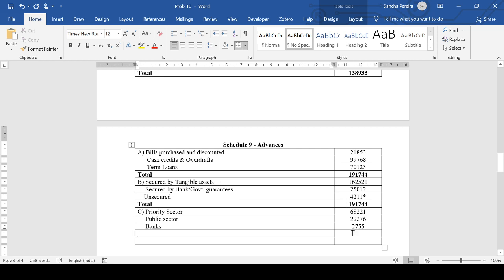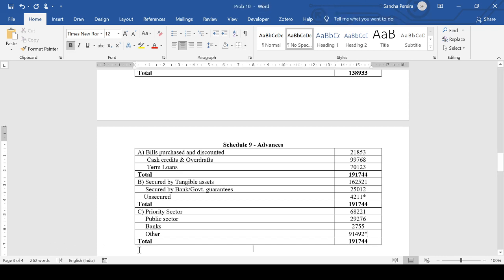So there's still another one that we need to take into account, and that we will call others. That others comes to 91492. Again, it's the balancing. Just for you to know.